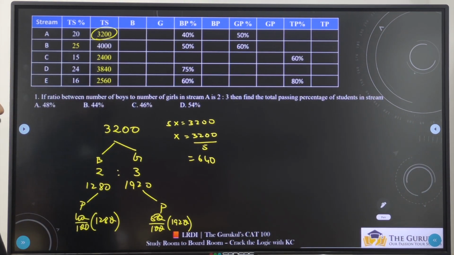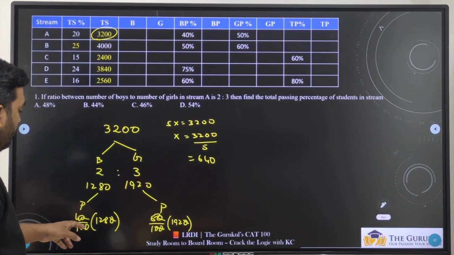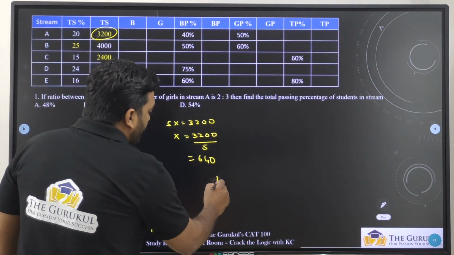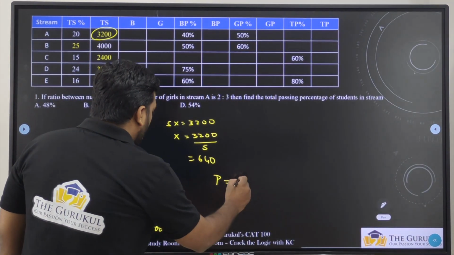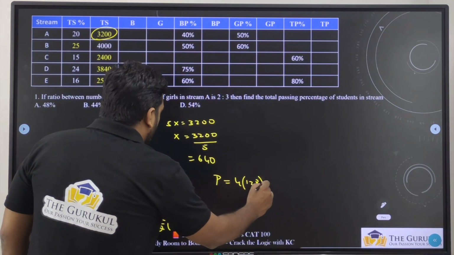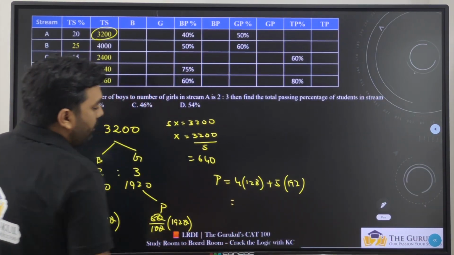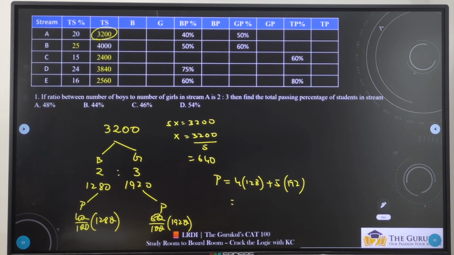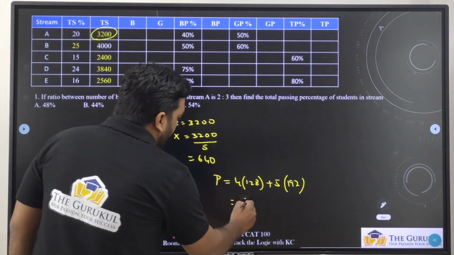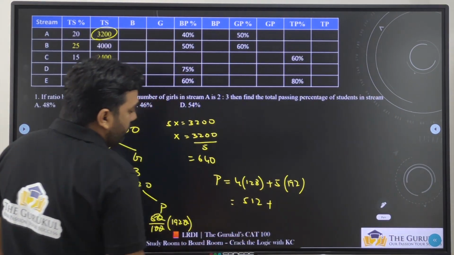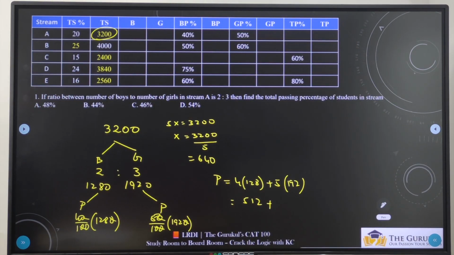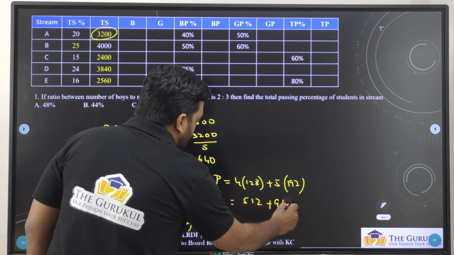They are asking to find the total passing percentage of students in the stream. So I need to find total passing people, which is 4 into 128 plus 5 into 192. So find out how many are passing over here. This will be 512, perfect. This will be 960: 5 8s are 40, so 1000 minus 40, which is 960.